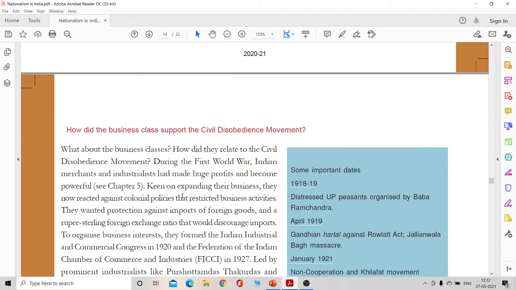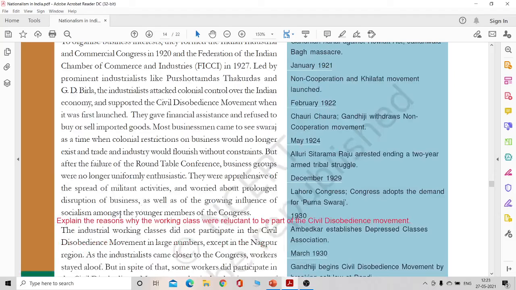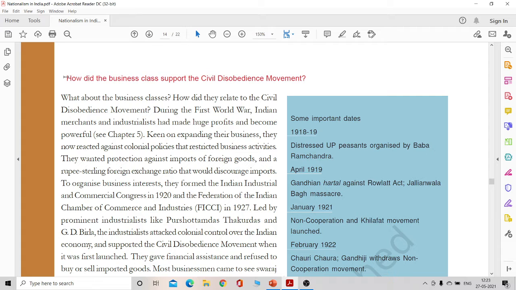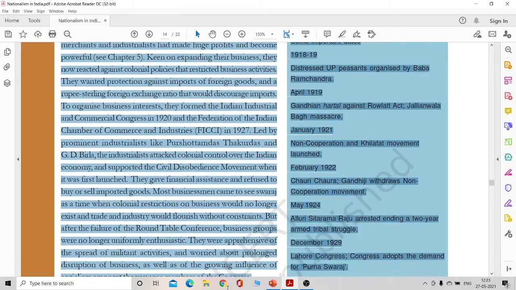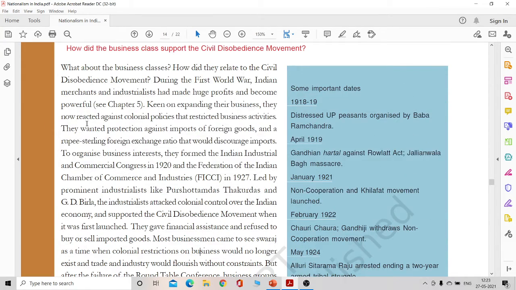In a similar vein, we also see this antagonistic relationship between the business class and the working class. Now as far as the question, how did the business class support the civil disobedience movement, you have to mention this entire part, right? They gave financial assistance, refused to buy or sell imported goods, and they demanded that colonial policies that restricted business activities be stopped, and that they be given protection against import of foreign goods.